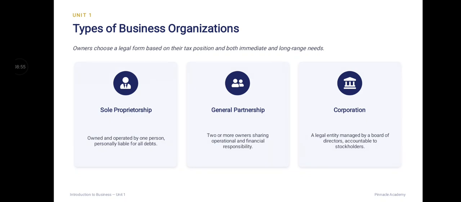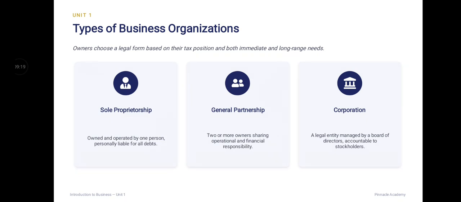There are two forms of corporations, a public corporation and a private corporation. A public corporation, like a company listed on the Lusaka Securities Exchange, has stock available to the general public. A private corporation, on the other hand, is owned by a small group of people, perhaps a family or the employees themselves.